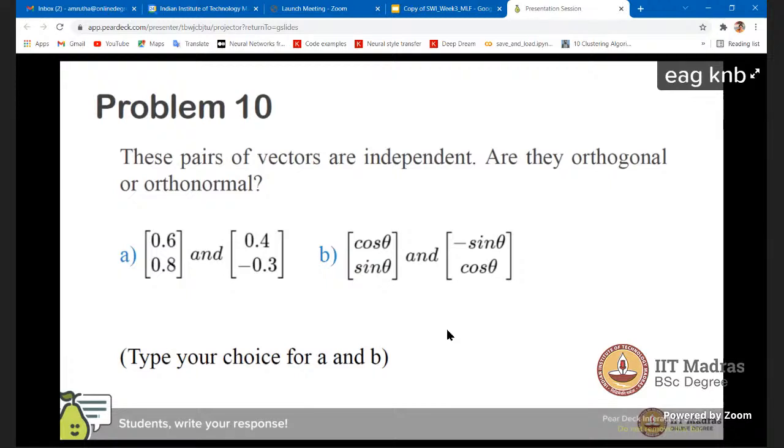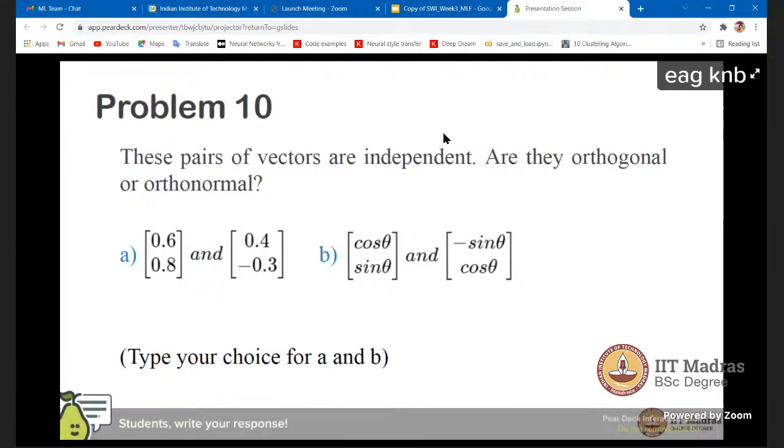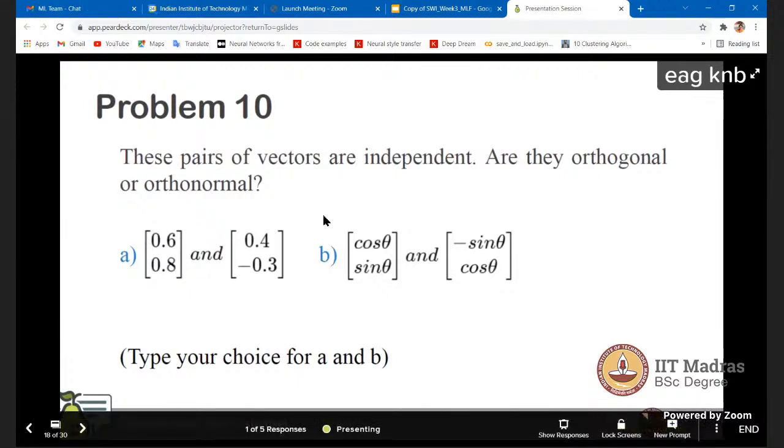You type your choice for A and B. And you have 2 minutes to work it out.